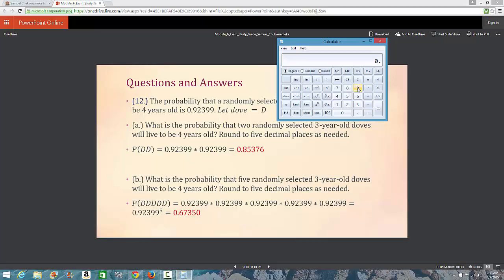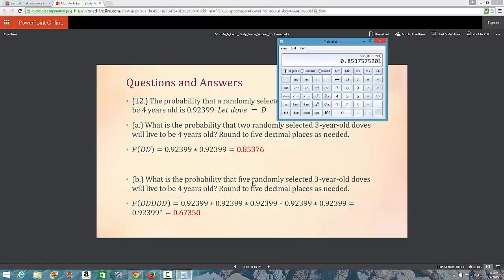If the answer gives you more than 5 decimal places, then you round to 5 decimal places. We talked about this before in prior videos. As needed, what does it mean? So you can either do squared or you multiply that, because this is exponent squared. 0.85376. That is what you get.